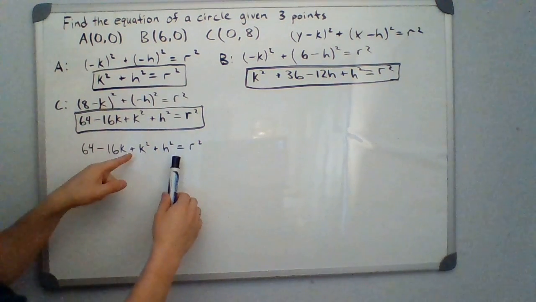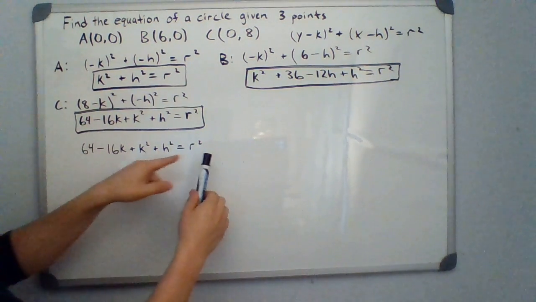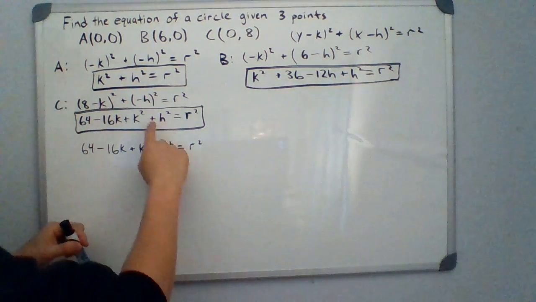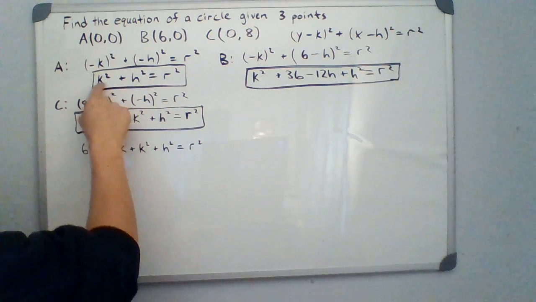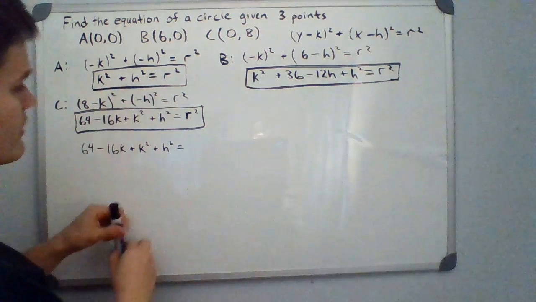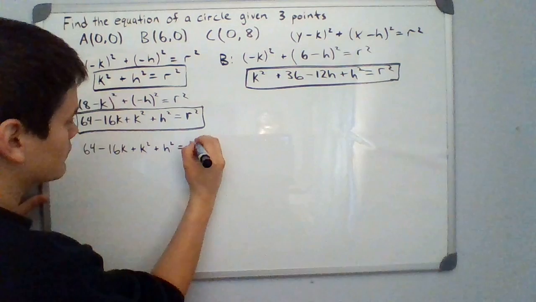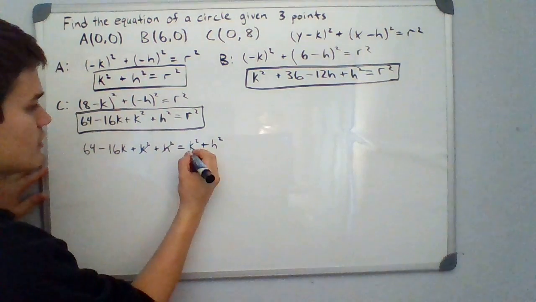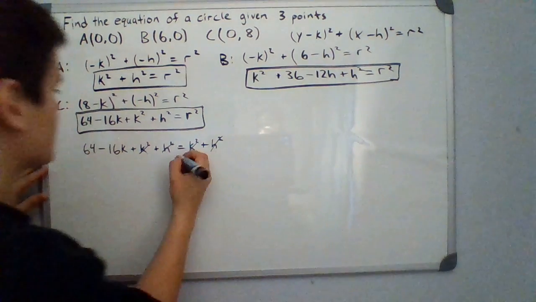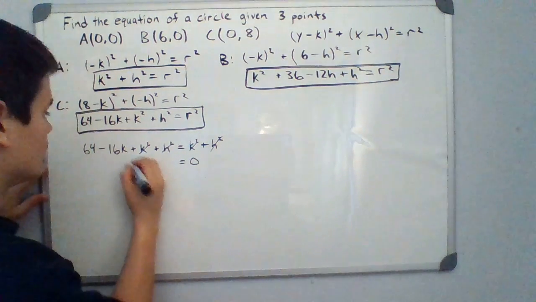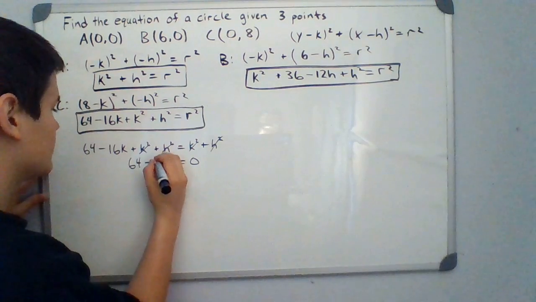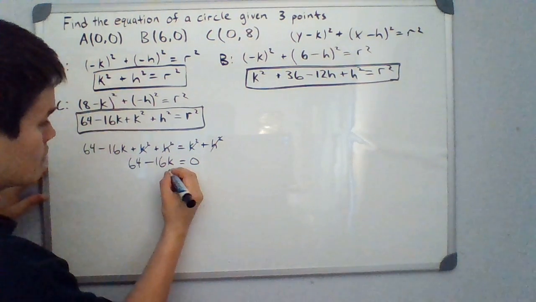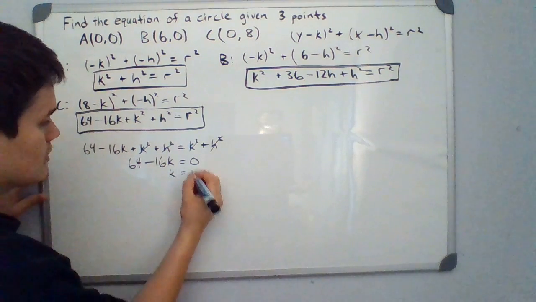So I'll substitute k squared plus h squared in for that r squared. And then we can see that these will subtract themselves out on each side of the equation, and I'll get 64 minus 16k is equal to 0, or in other words, k is equal to 4.